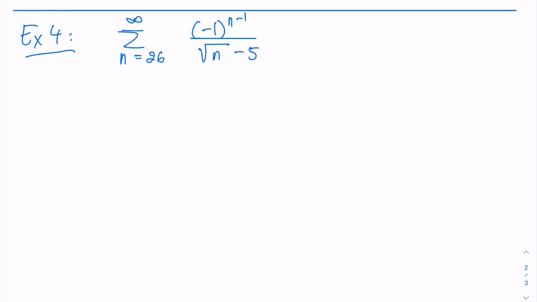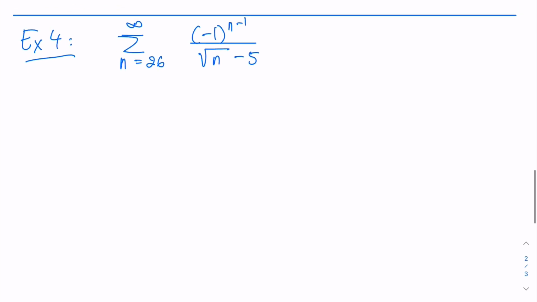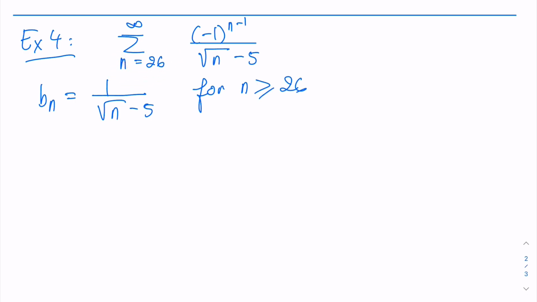For this series, since we have the negative 1 to the n minus 1, I'm going to use the alternating series test. First of all, we have to identify b sub n. So b sub n in this case is going to be 1 over square root of n minus 5 for n greater than or equal to 26. Notice that we start with n equal to 26. So you can see that b sub n is decreasing, a sequence of positive numbers.